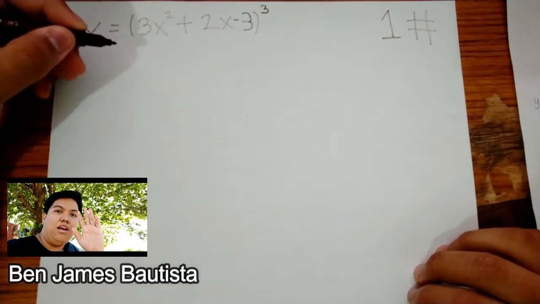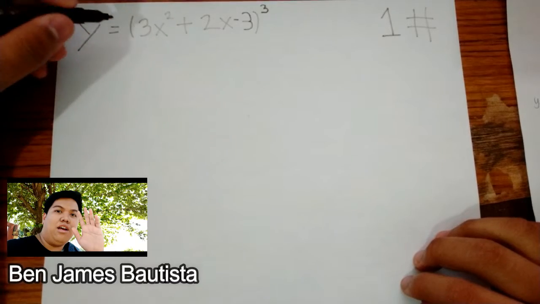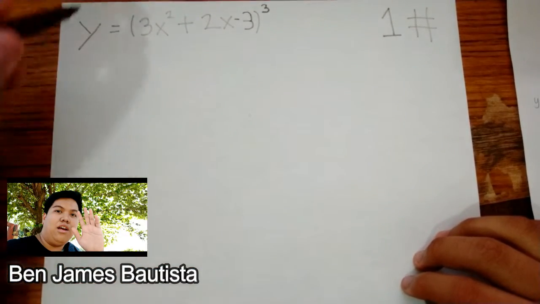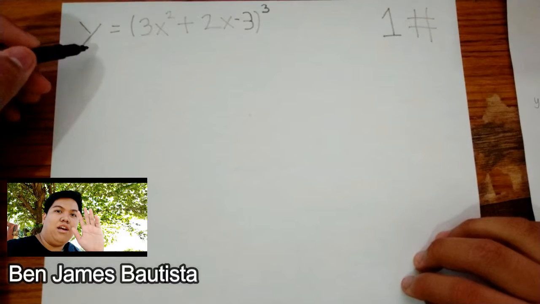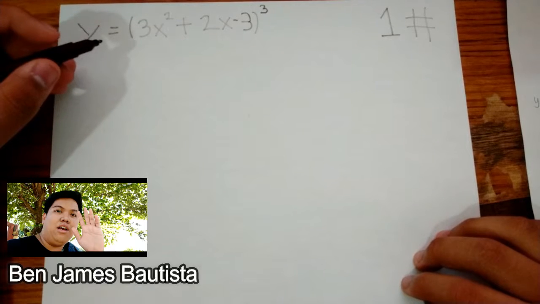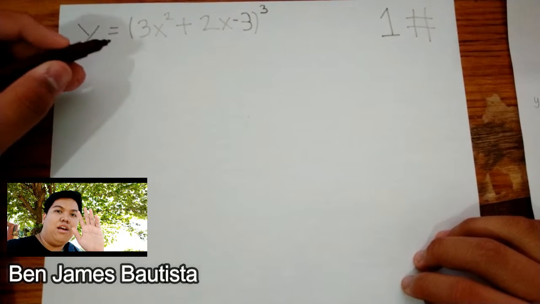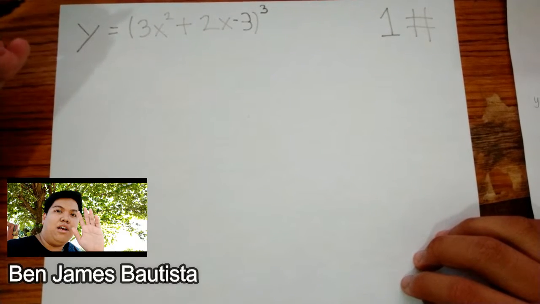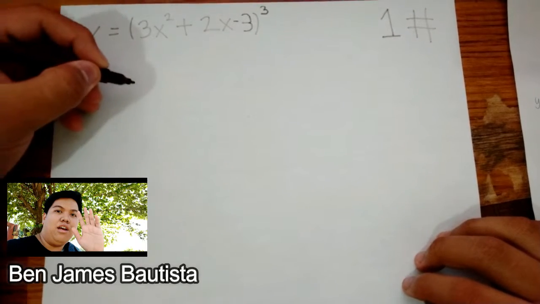So, for our first problem, guys, we're going to encounter a quadratic function. Our given is y is equal to 3x squared plus 2x minus 3, raised to the third power. Now, we're going to use the chain rule here, and we're going to find the derivative of this problem.